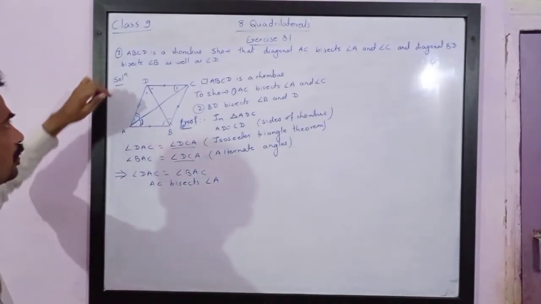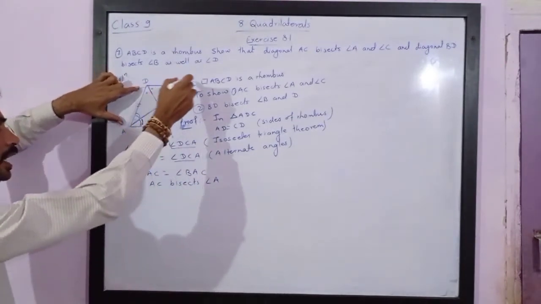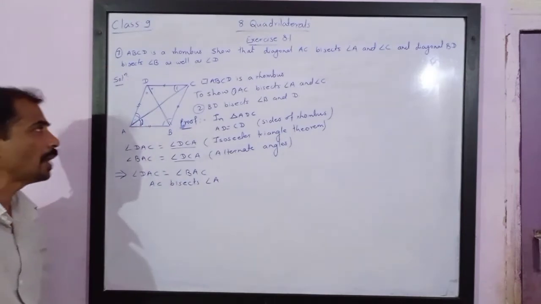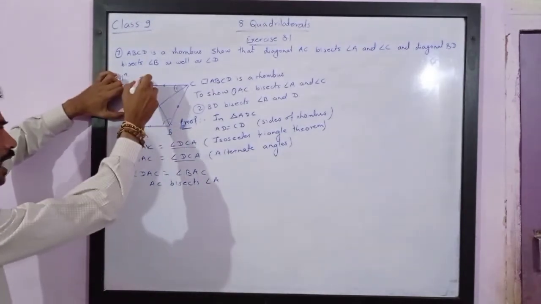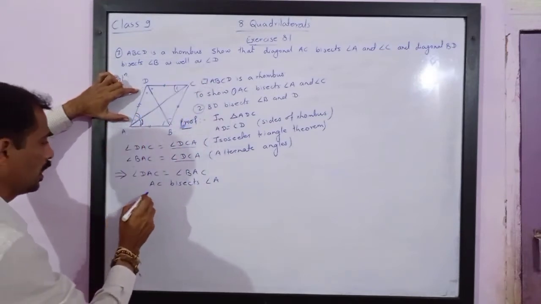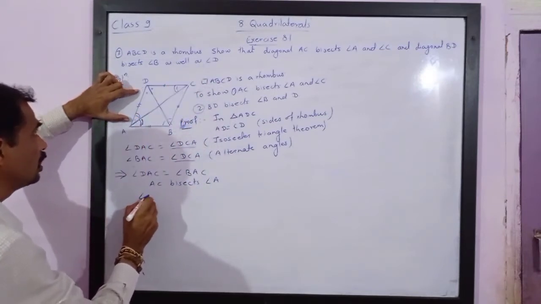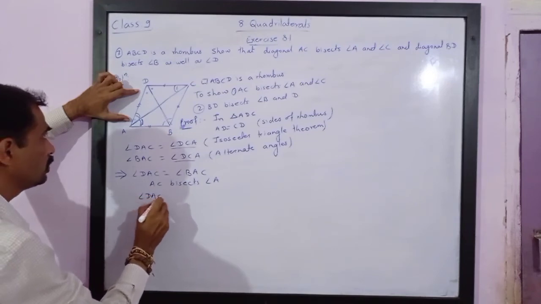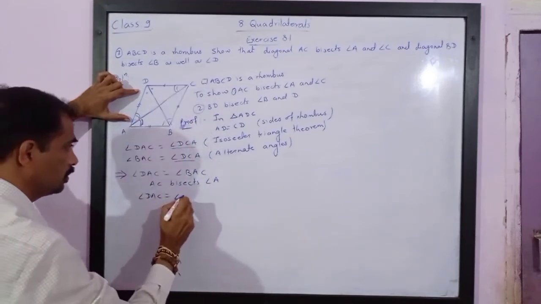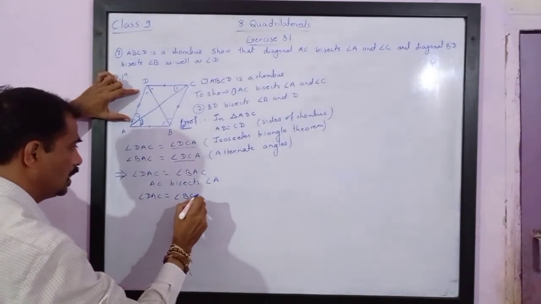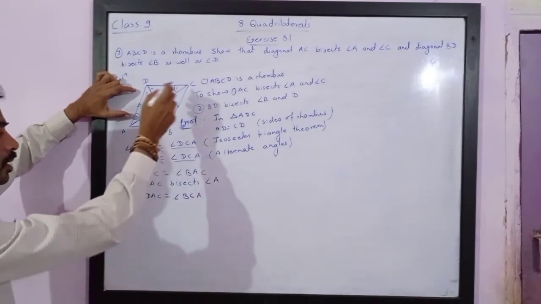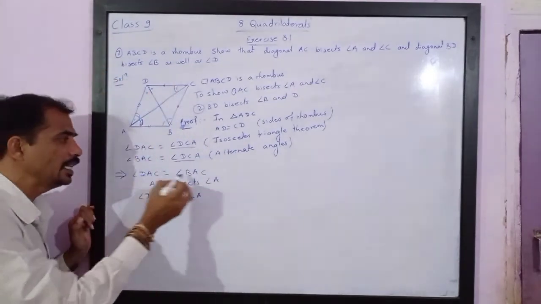Now watch carefully. This AD is parallel to BC because they are opposite sides of a rhombus or a parallelogram. It means this angle DAC and BCA also are alternate angles. Angle DAC equals angle BCA. Now see, we have got DAC equal to BAC.